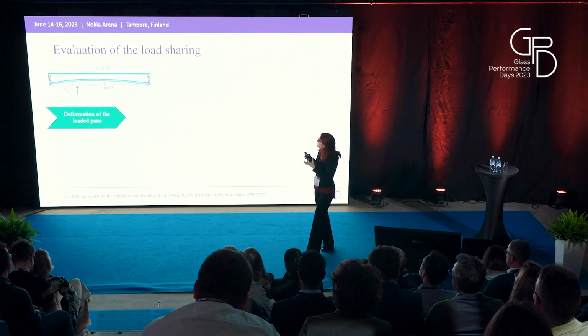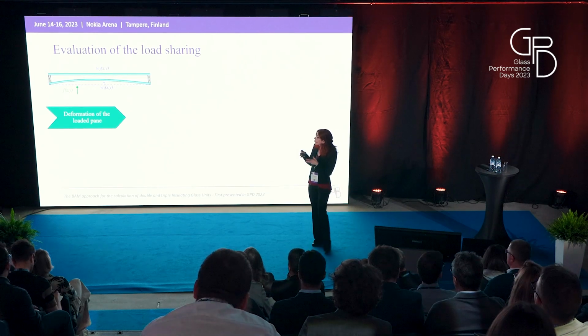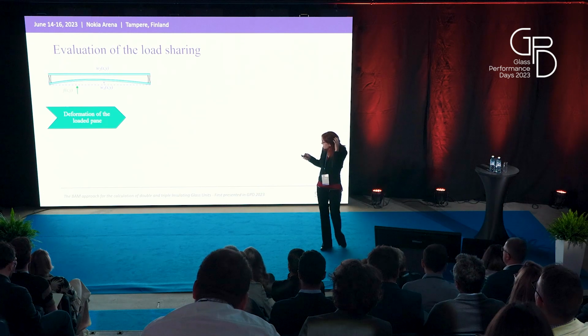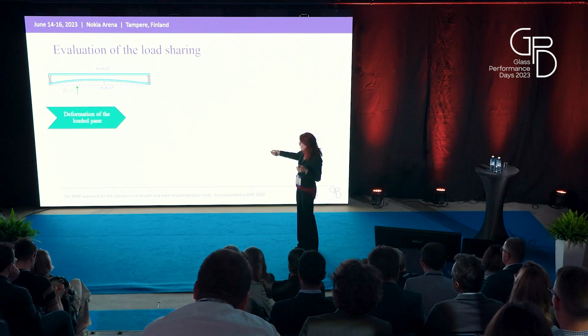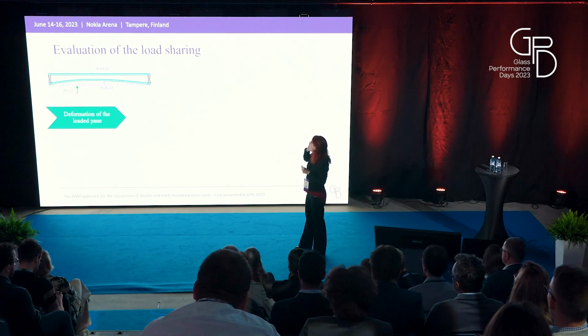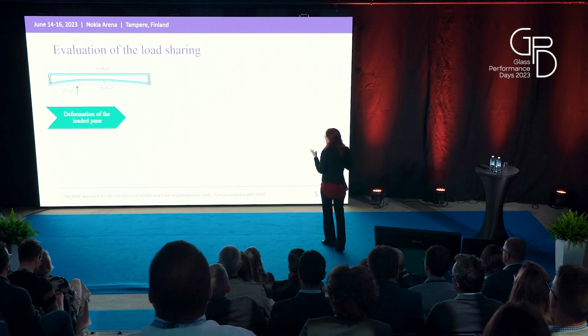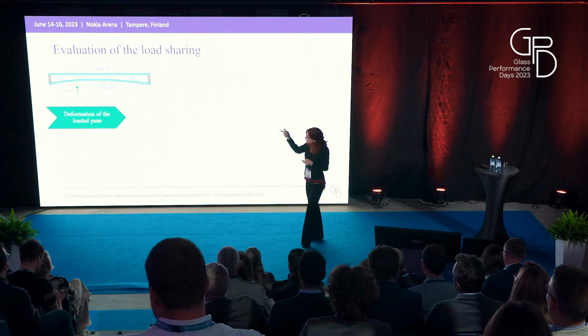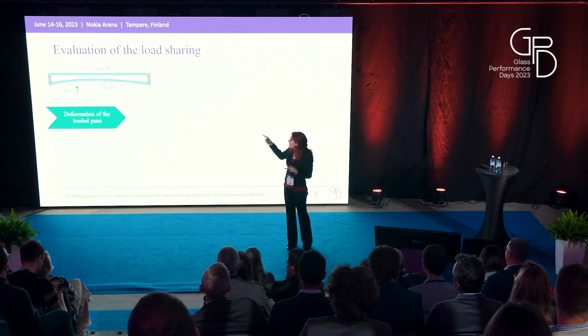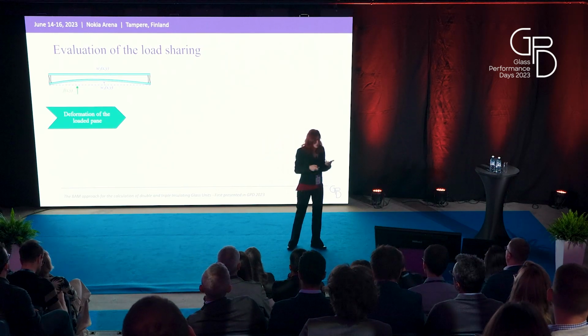Just to discuss in more detail the load sharing mechanism, let me consider the case of a double glazing unit, composed of two glass plates, subjected to an external load applied on the lower pane. Let me call it plate 1.